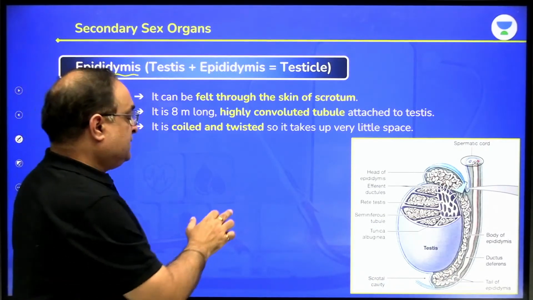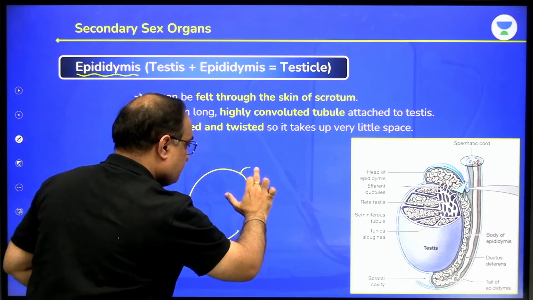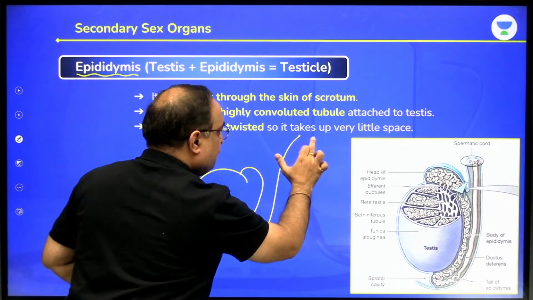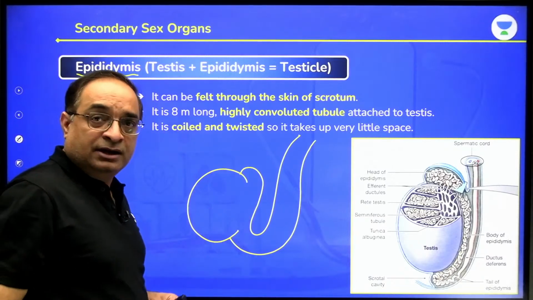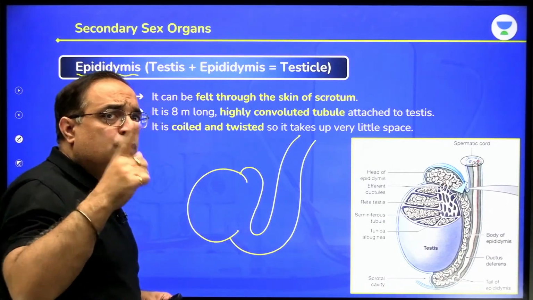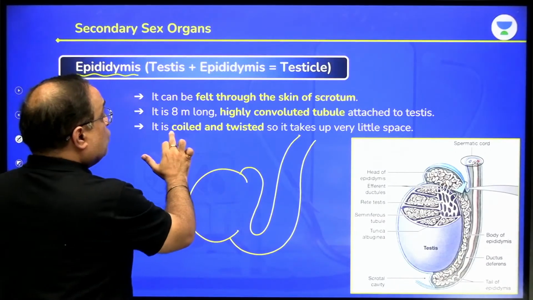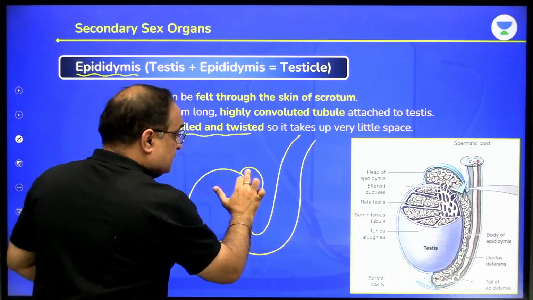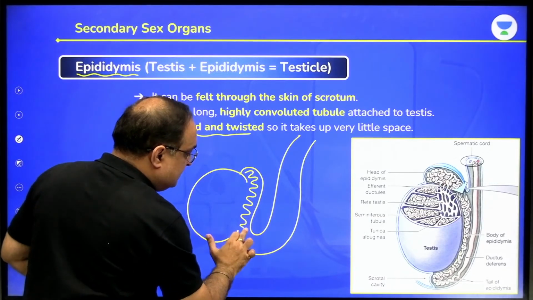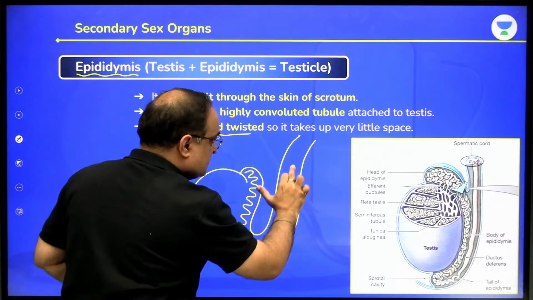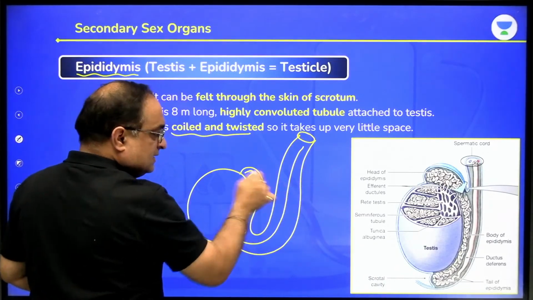Now, let's first start with epididymis. I'll tell you what is epididymis. Say this is testes, just a rough representation. There is a fine convoluted, meaning folded, coiled and twisted, tubule which is attached with the testes. It continues as vas deferens. This is the spermatic cord and this is vas deferens.